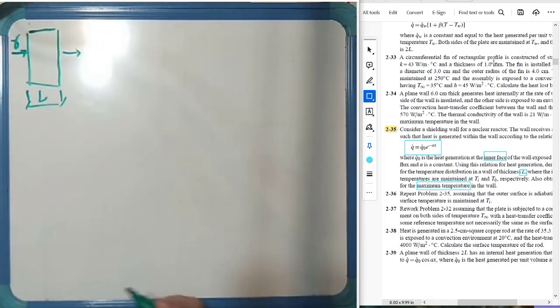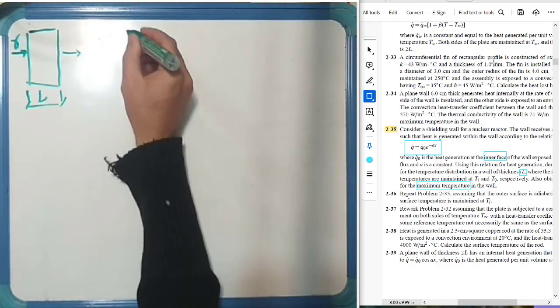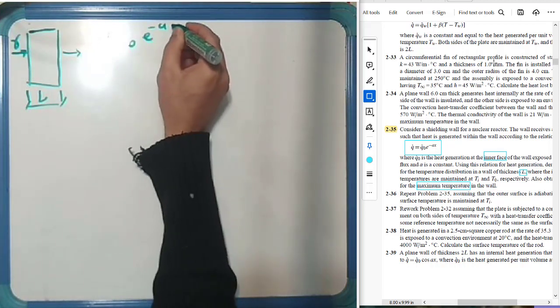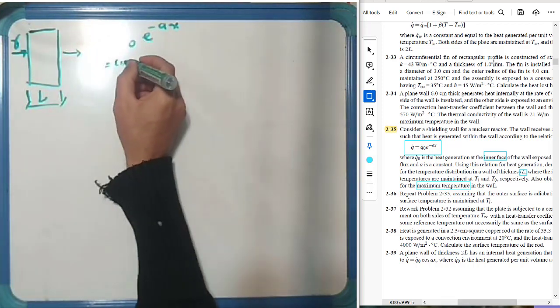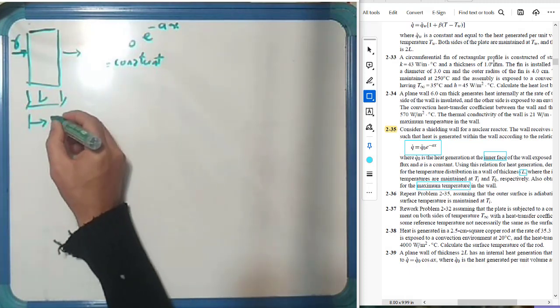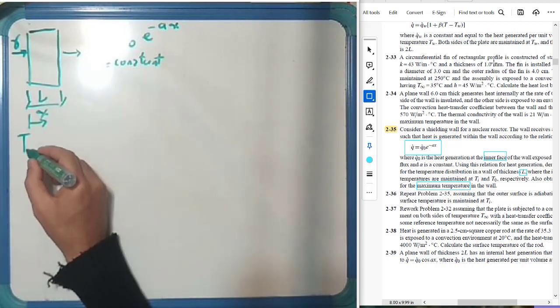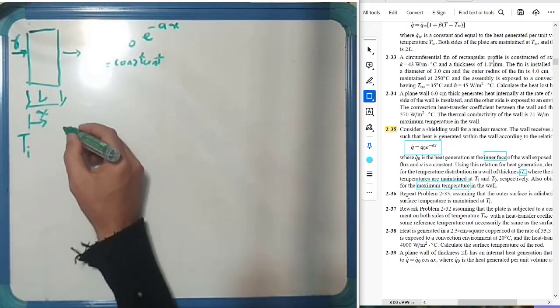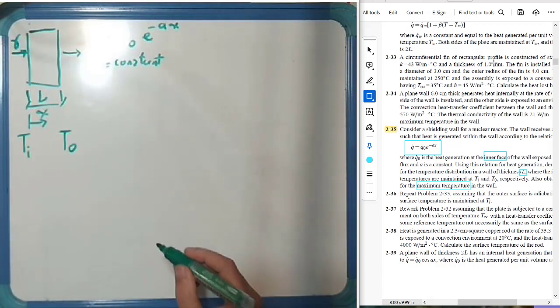Then the heat generation Q dot is Q dot naught e to the power minus a x, and a is a constant, and x is the distance from this side. Ti is the inside temperature, and this is To, the outside temperature.